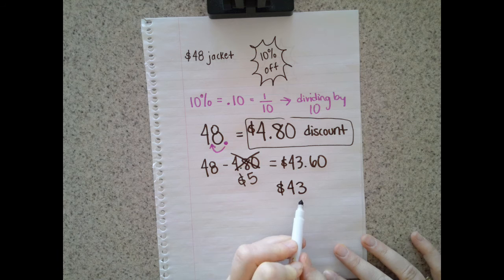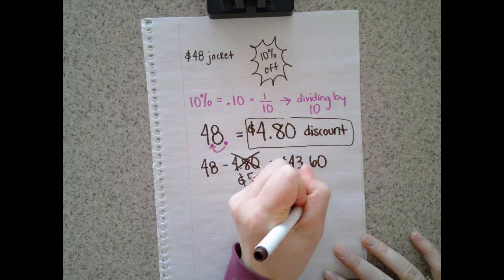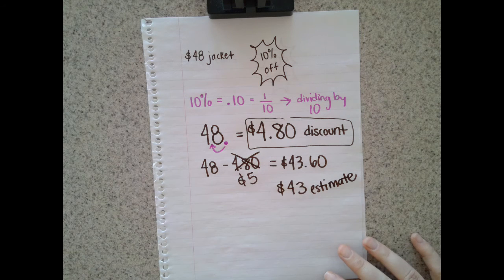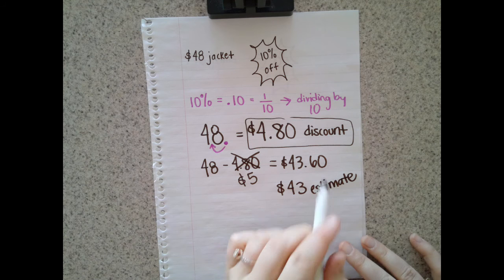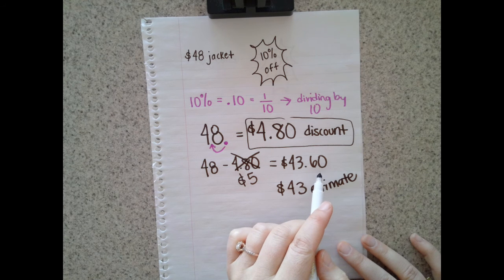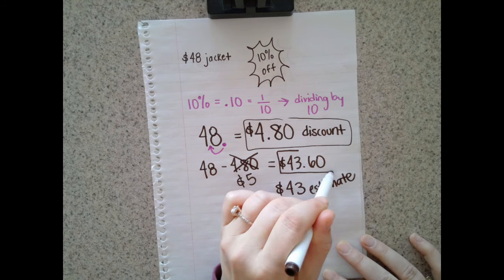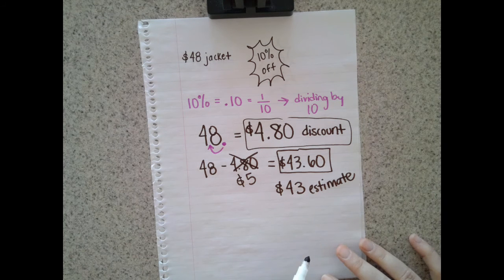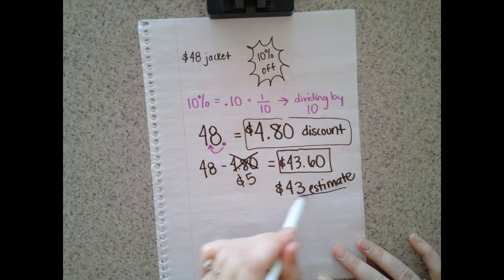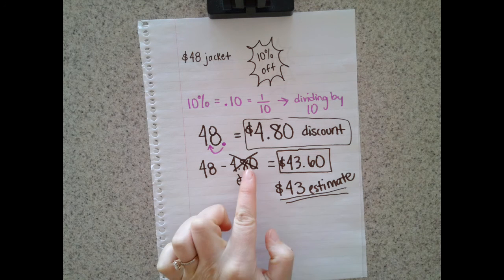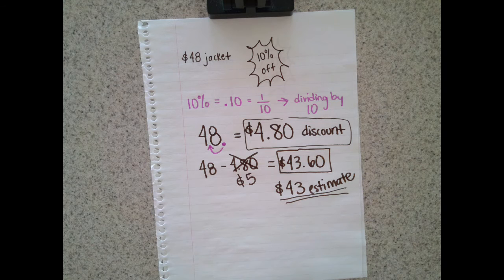Okay, so this right here is an estimate on what you're going to have to pay. Estimates are fine in the real world. Usually 60 cents is not going to make or break somebody's bank. Okay, this is the actual amount you're going to pay, and this is the estimate, which is also fine when you're shopping out in the real world. Feel free to round numbers off to the nearest whole if you don't want to do the cents amount mentally.